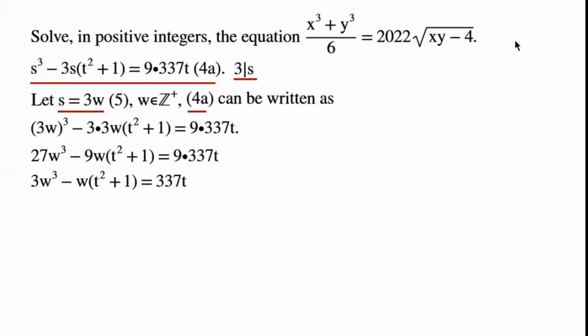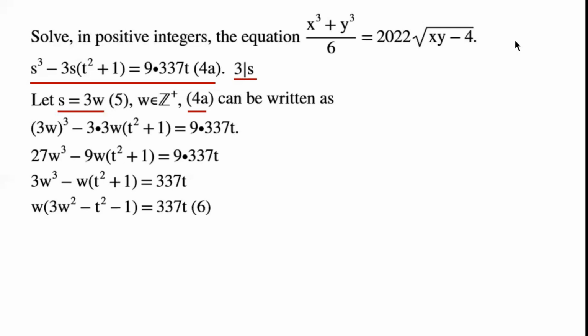We can see that we can divide both sides of the equation by 9. So we can now write 3w cubed minus w times (t squared plus 1) equals 337t.